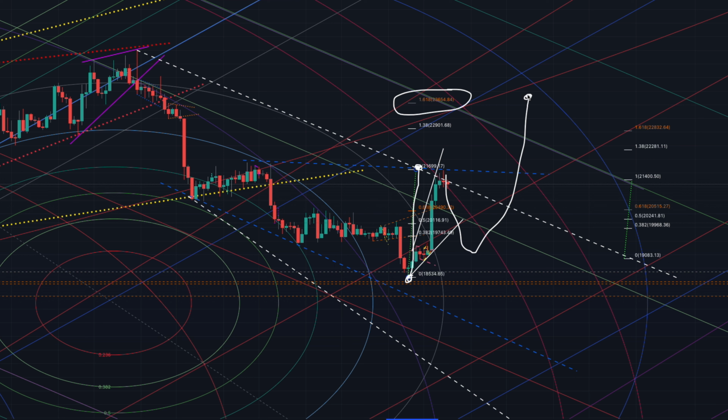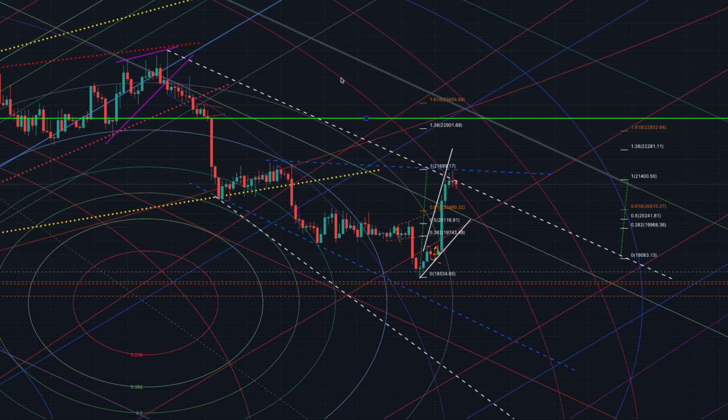And if we do 23,654, it would also make sense because, one, this Fibonacci circle is going to be resistance. Two, it could wick up to here and overshoot the 23,654, which is more resistance there. And three, we hit an established line of support and resistance here. You can see on the left of the screen all of this here.